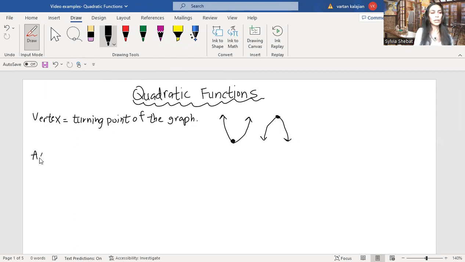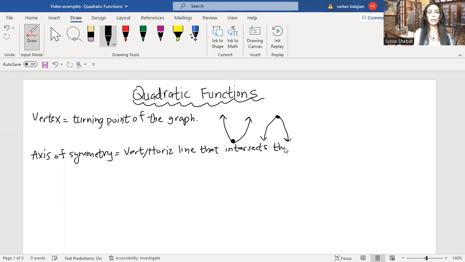So next one is the axis of symmetry. That is the vertical or horizontal line that intersects the parabola at the vertex.